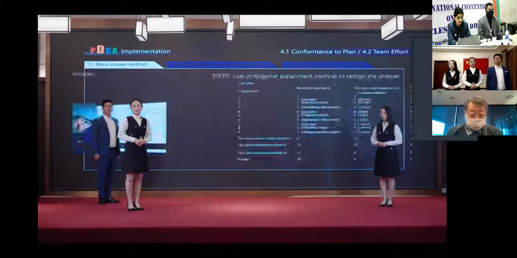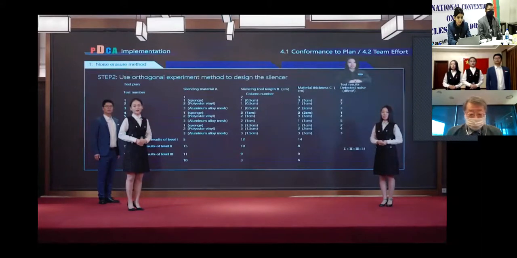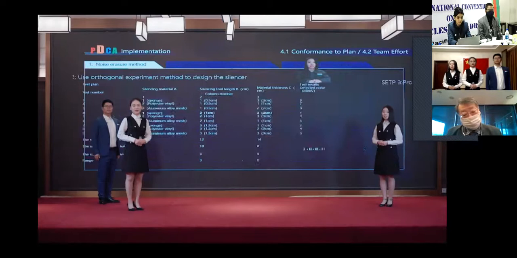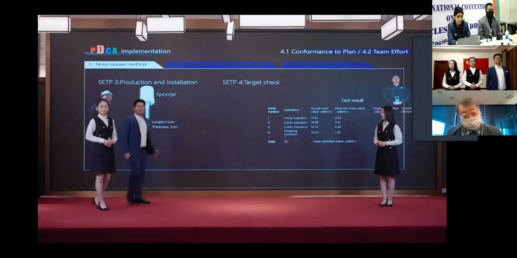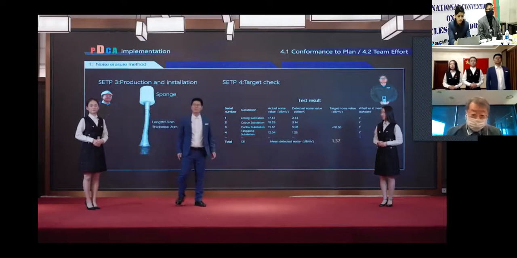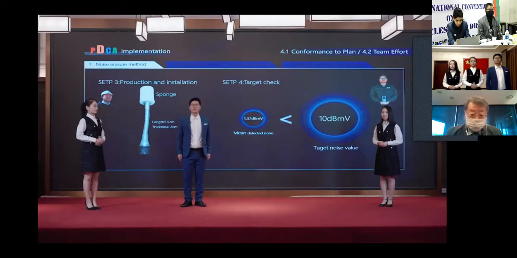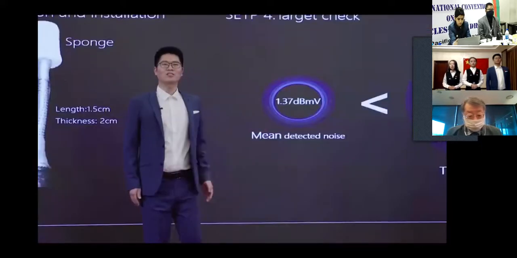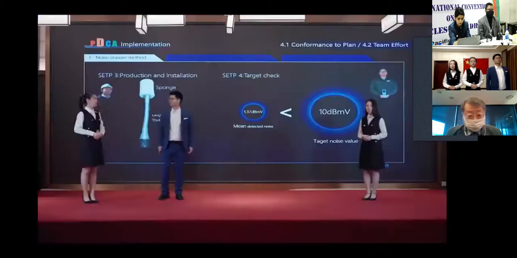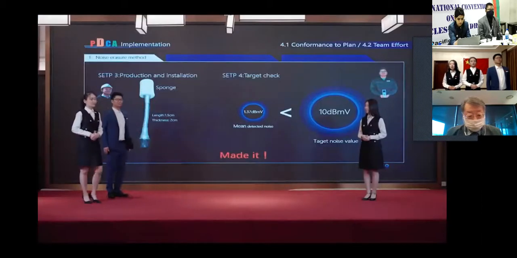We use the signal experiment method to design and make a silencer and install it on the sensor. After implementation, the average value of noise interference detection in 35 kV high voltage chambers was 1.37, less than 10 dB. The goal was achieved.